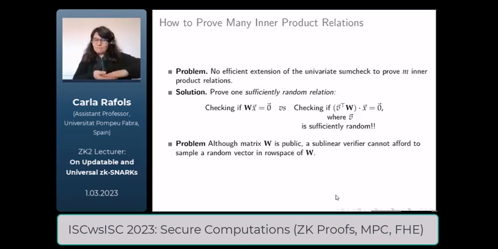So what we need to do is somehow let the prover collapse these rows and do this linear combination so that it only proves one linear relation, in such a way that the verifier can check that it was done correctly.